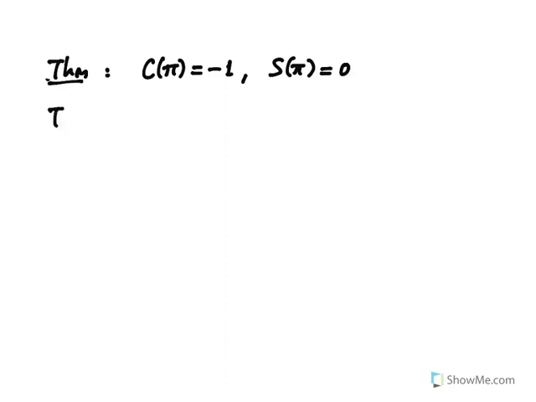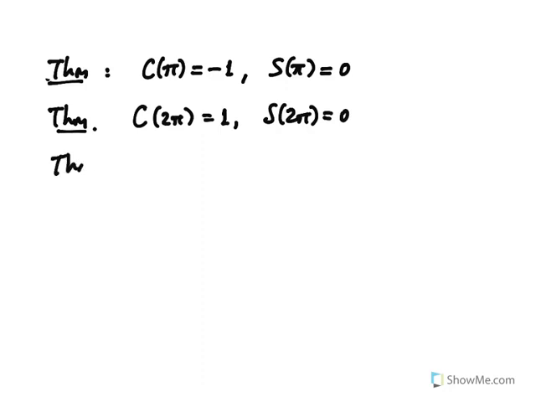All right, the last thing for this video is the following theorem. So first of all, let's prove that capital C of pi is -1, and then capital S of pi is 0. And let's also prove that capital C of 2 pi is 1, and capital S of 2 pi is 0.